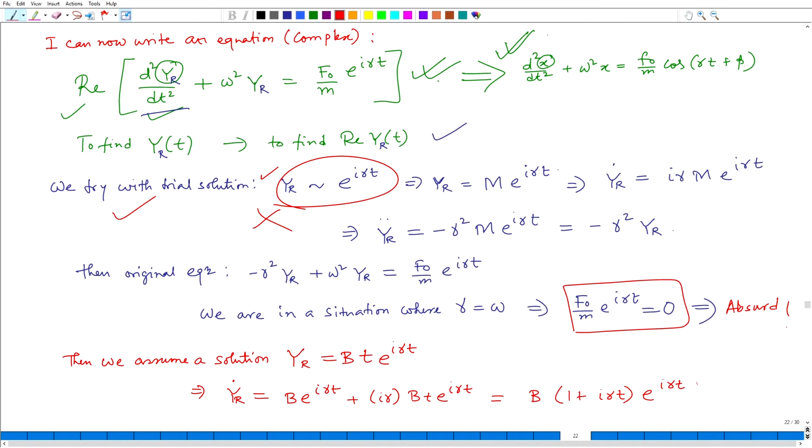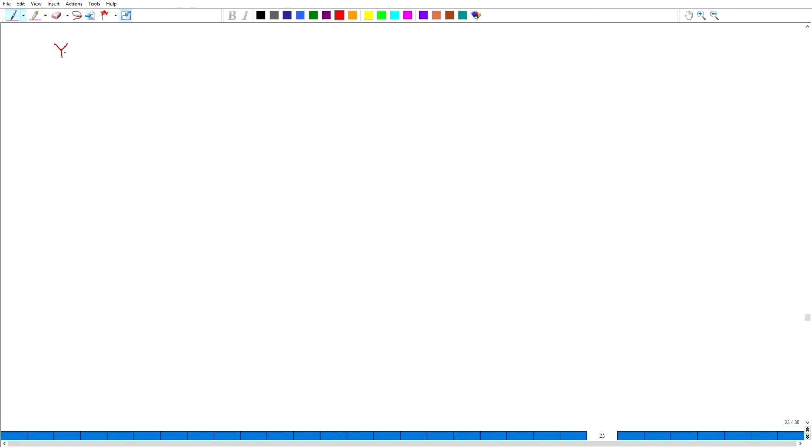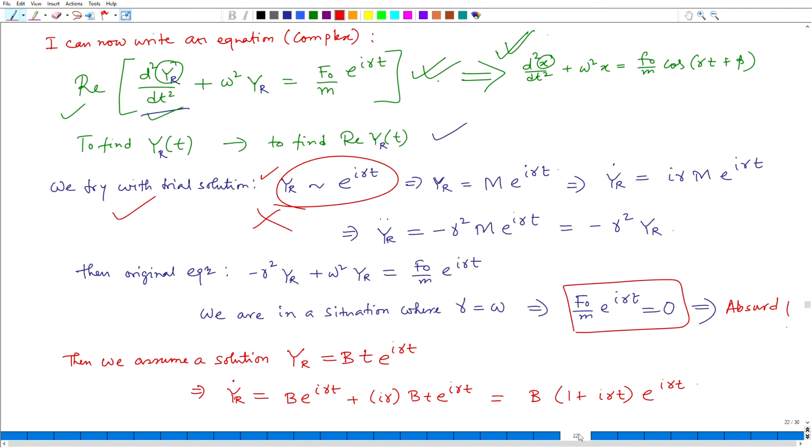What is the double dot for y r? So, y r double dot will simply be equal to I b gamma times 1 plus I gamma t e to the power I gamma t, because I first take d by dt over this term.